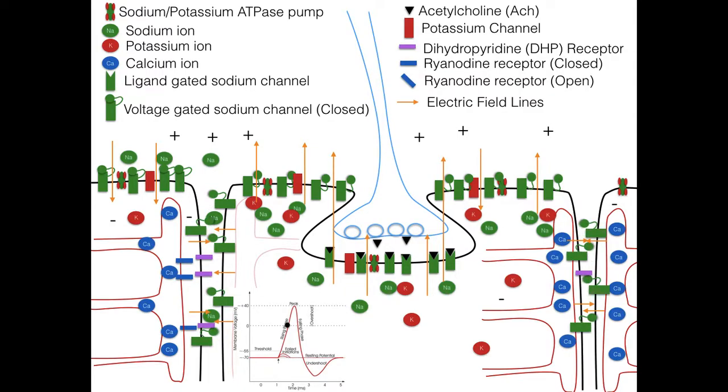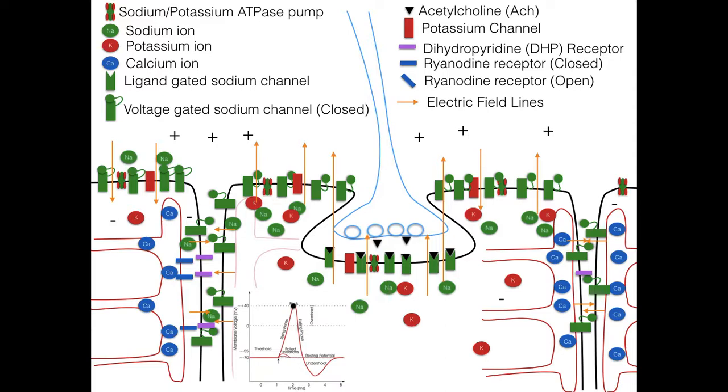That's going to open the ligand-gated ion channels, or the voltage-gated ion channels in the T-tubule. And then sodium is going to rush into the cell in the T-tubule as well.